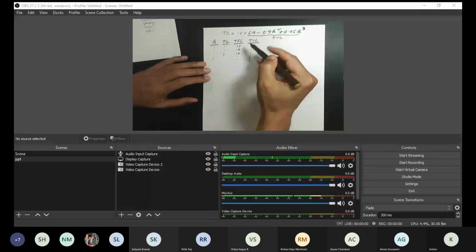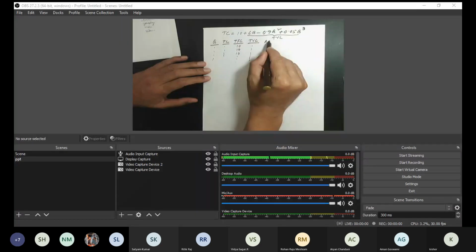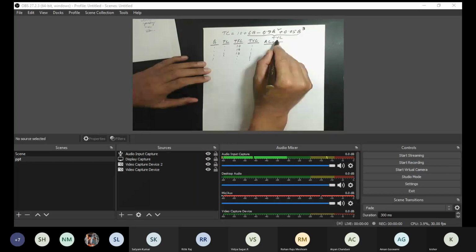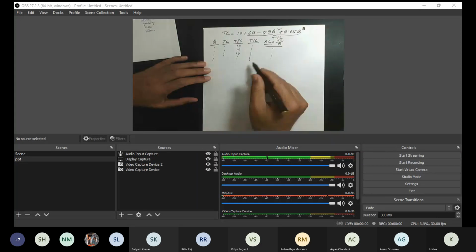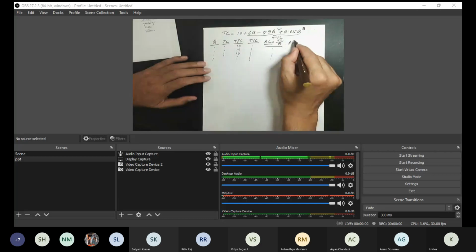Then you can find average cost also. Average cost equals TC divided by Q. Similarly, you can find average fixed cost also.